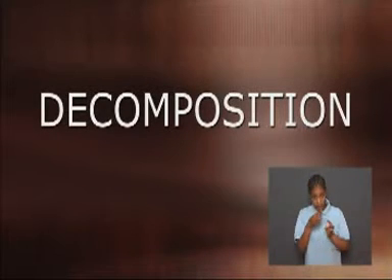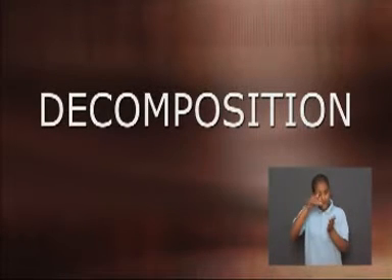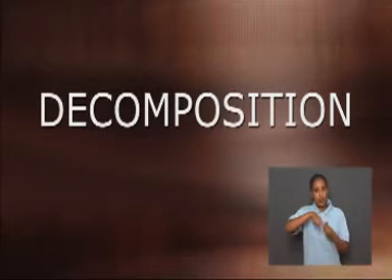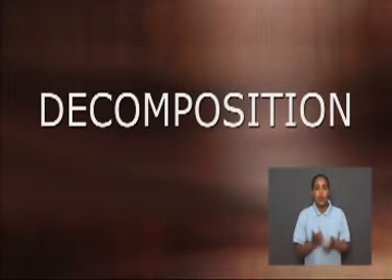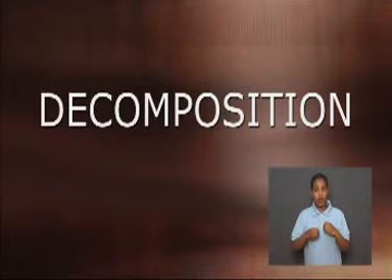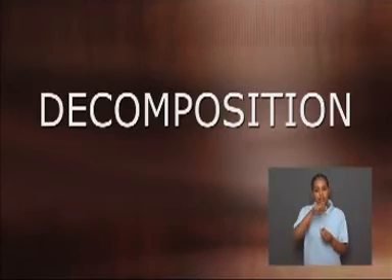Another way that carbon is returned to the physical environment is through decomposition. When organic matter is decomposed, carbon dioxide is released into the atmosphere. Decomposition can also be used to create fossil fuels.